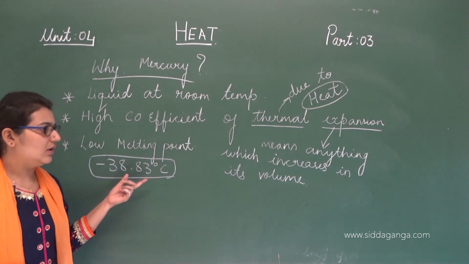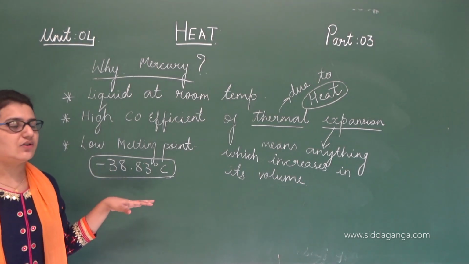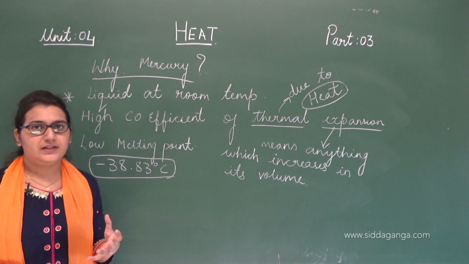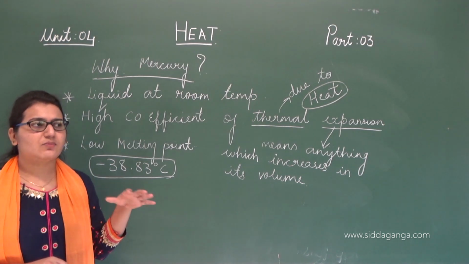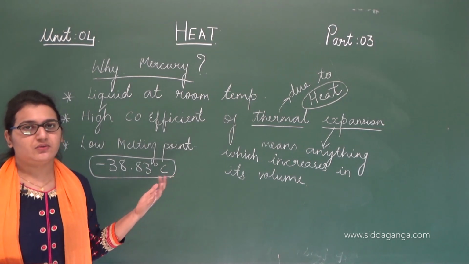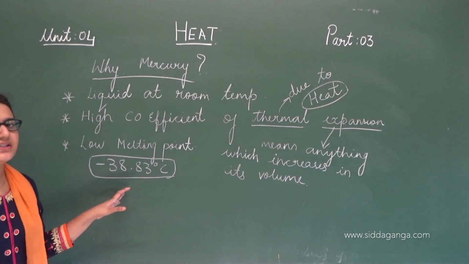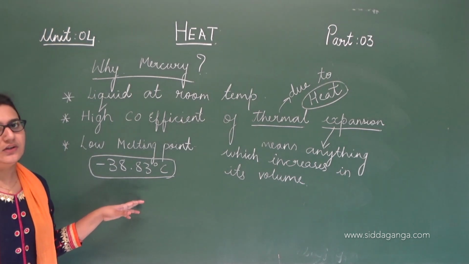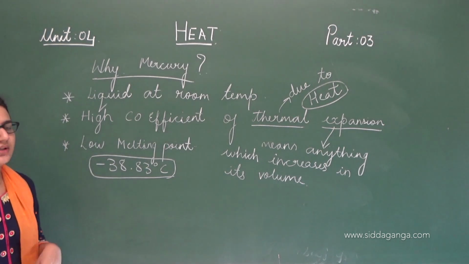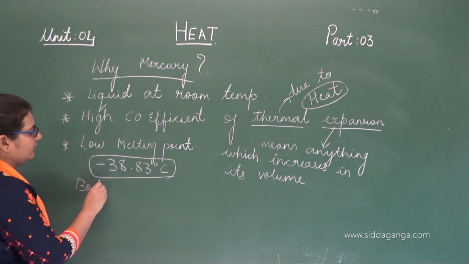This is not a favorable condition in the atmosphere. Usually the atmospheric temperature might be 25 to 30 or 32, or even more in summers, so this range we hardly get. That is why it does not melt. And the boiling point of mercury is very high.